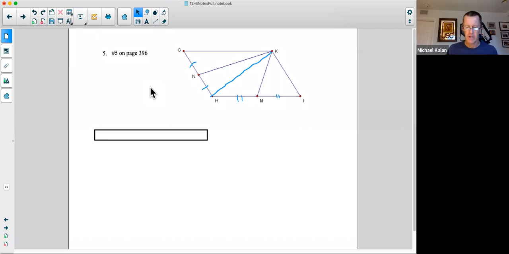Remember the formula of a triangle, 1/2 base times height. Same height for both those triangles, KMI, KHI. Same height if we drew this down, right? And what do we know about the base? Yeah, it's half, right? It's a midpoint. Okay. So we know that KMI is half of triangle KHI.